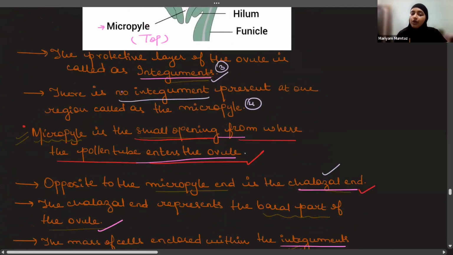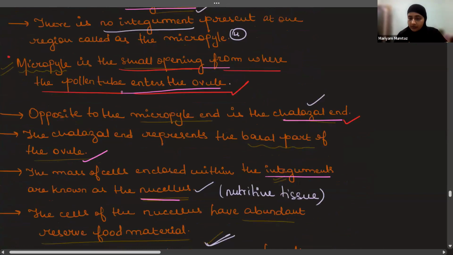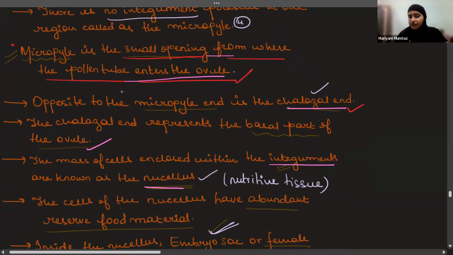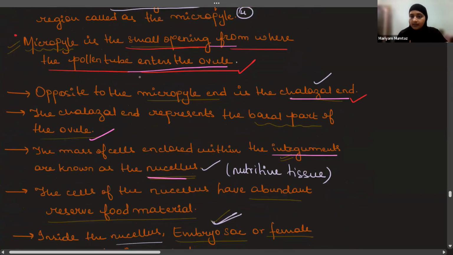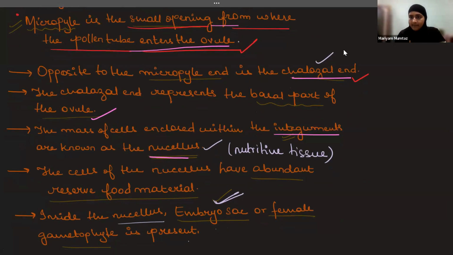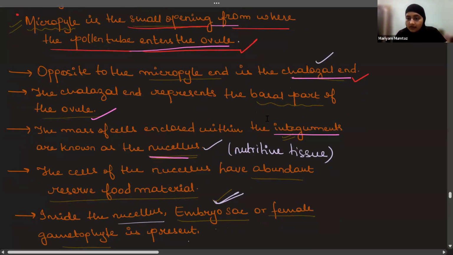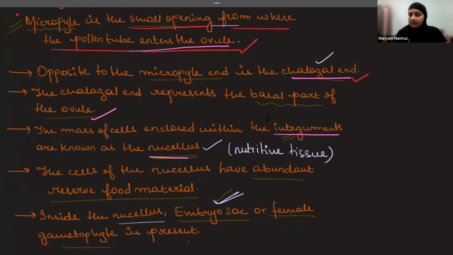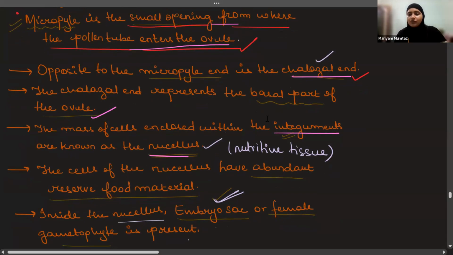So you can call nucellus the tissue that is high in nutrition. Clear? Why is it called a mass of cells? Because there are multiple cells present there, like how a pile of coins is a collective noun. That is what it is, a mass of cells.